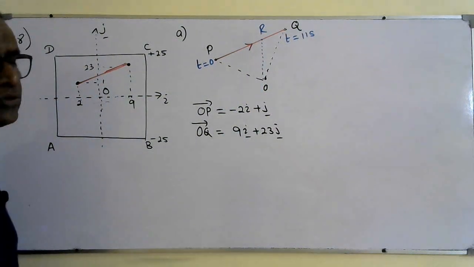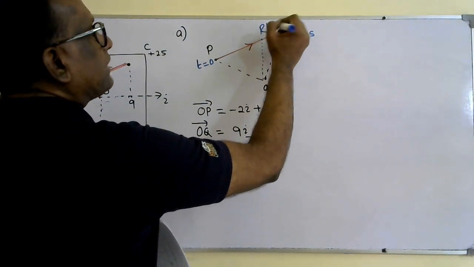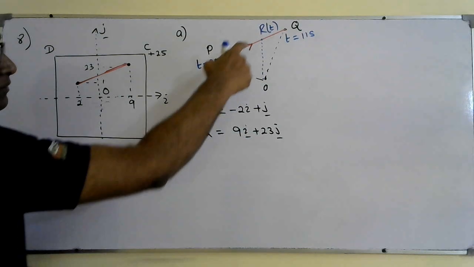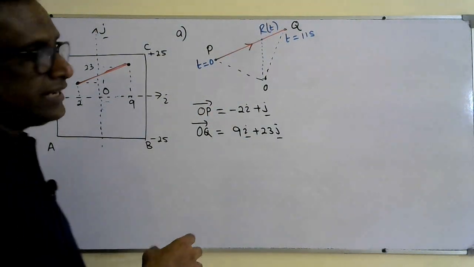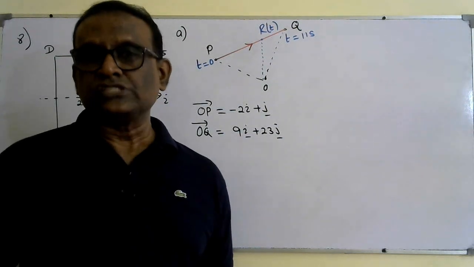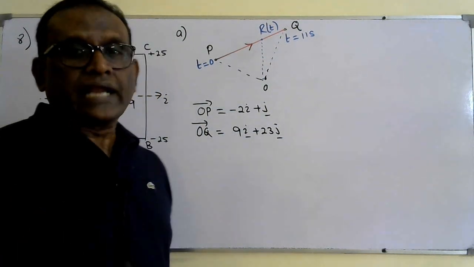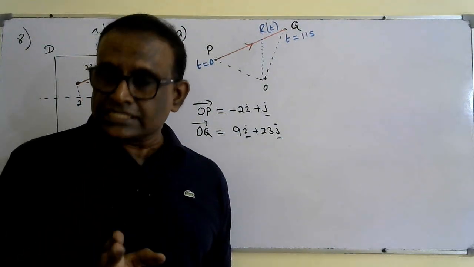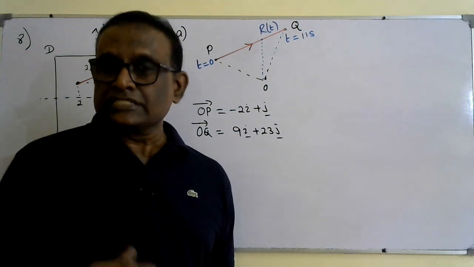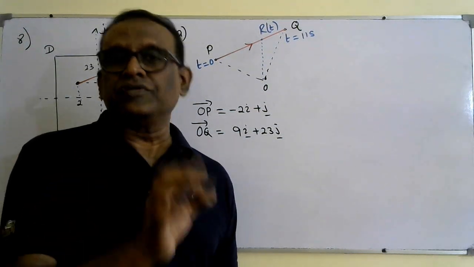Okay, this is a very common question. R is the position vector in terms of time t. At time t, it's at point R, right? So if you want to find that, first, it's a constant velocity, so we should find the velocity vector, right? If I know the velocity vector and it's constant velocity, then the displacement during time t is equal to time into velocity vector.